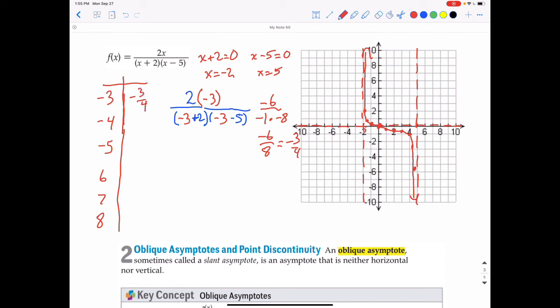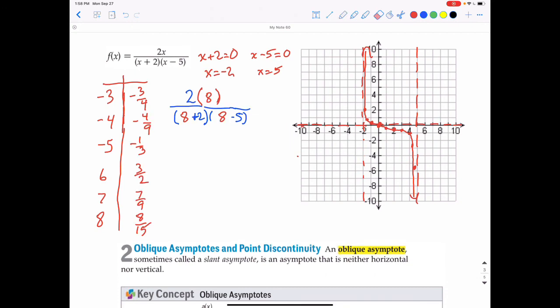And then when we do the rest of the numbers in the T-chart, this is what we get. And then you can see what those values are. So negative 3, negative 3/4, that would be left 3 down 3/4 of a unit. And then negative 4, negative 4/9, it's a little above negative 1/2. Negative 5, negative 1/3.